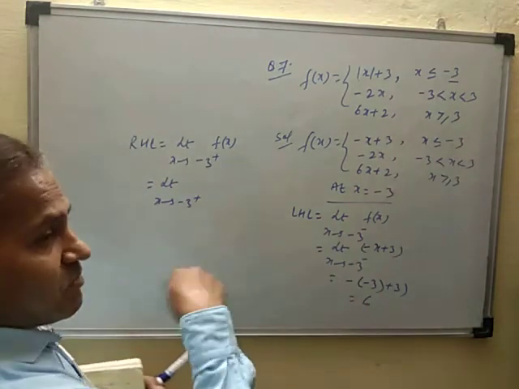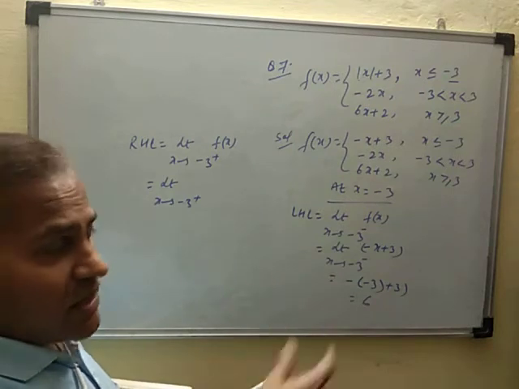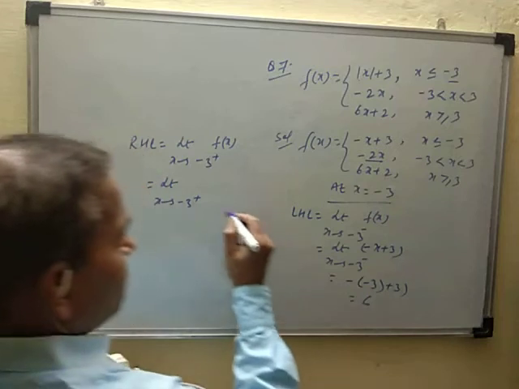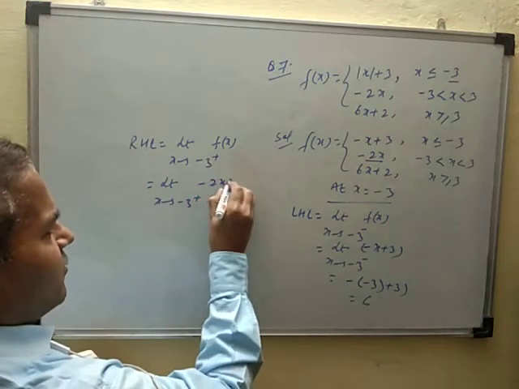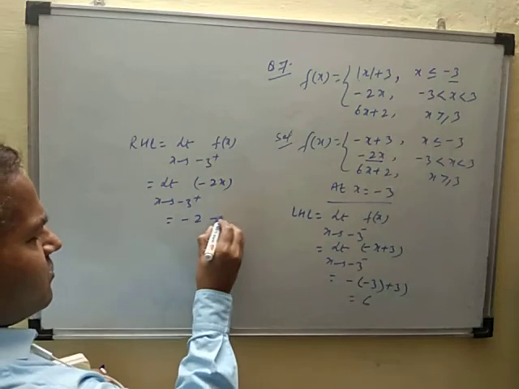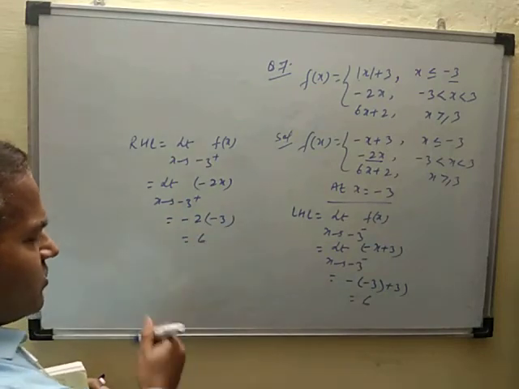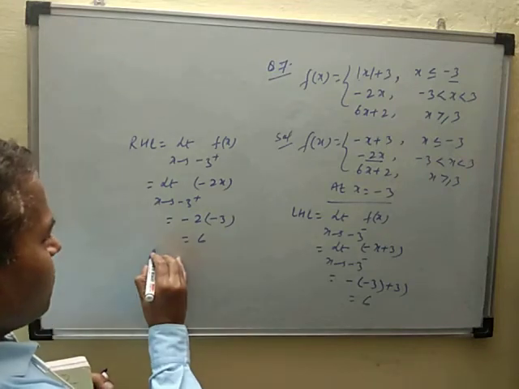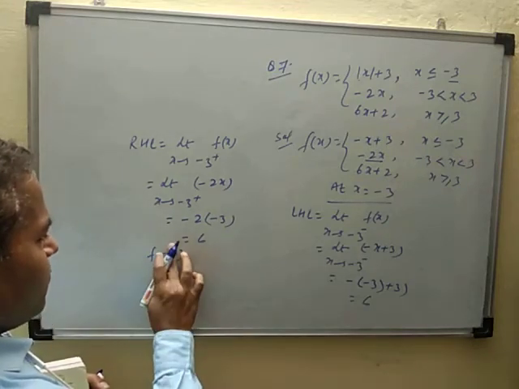Here minus 3 plus means greater than minus 3. When x is greater than minus 3, then the function value is minus 2x. So f of x is minus 2x. Now put x is equal to minus 3. So 2 into 3 is equal to 6. So both are equal. Now find the function value, that is f of minus 3.